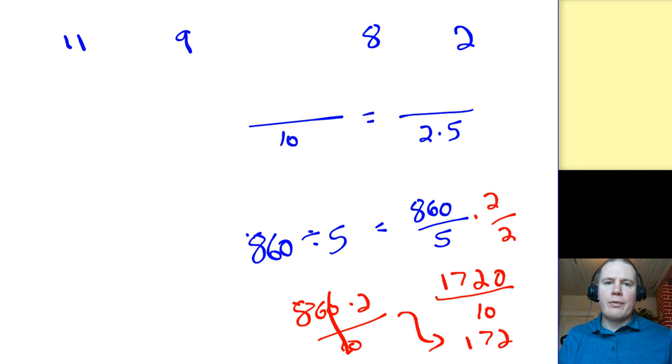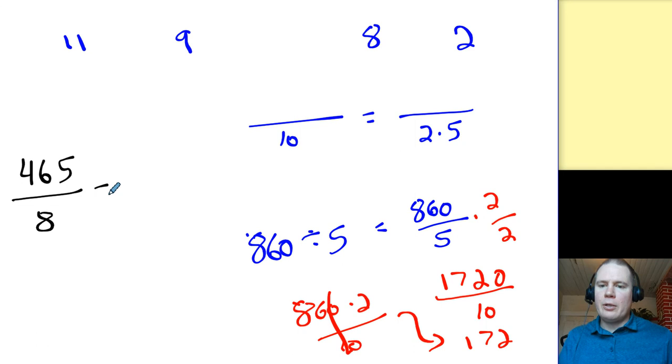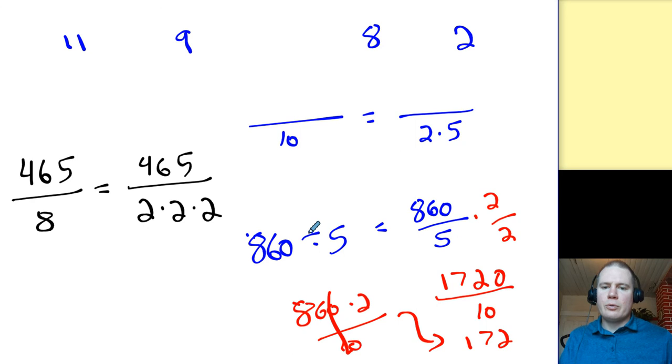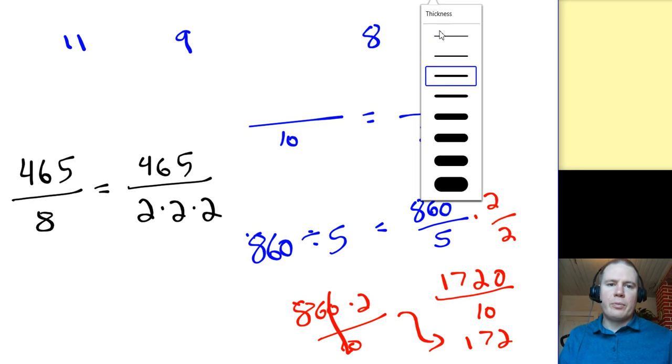Well, if I take 465 divided by 8, what are the factors of 8? 2 and 2 and 2. Well, how do I get 10 from 2?